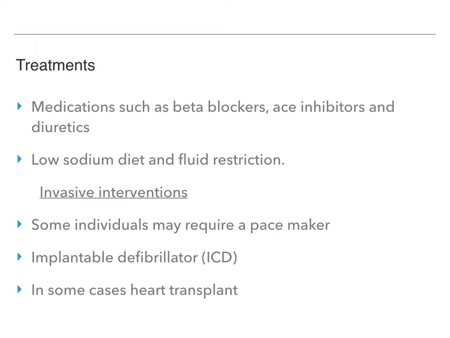You want to prevent any further fluid overload, so a low sodium diet and fluid restriction. And a key component is to talk with the patient to prevent any further drinking, or to cease the alcohol abuse or alcohol intake.